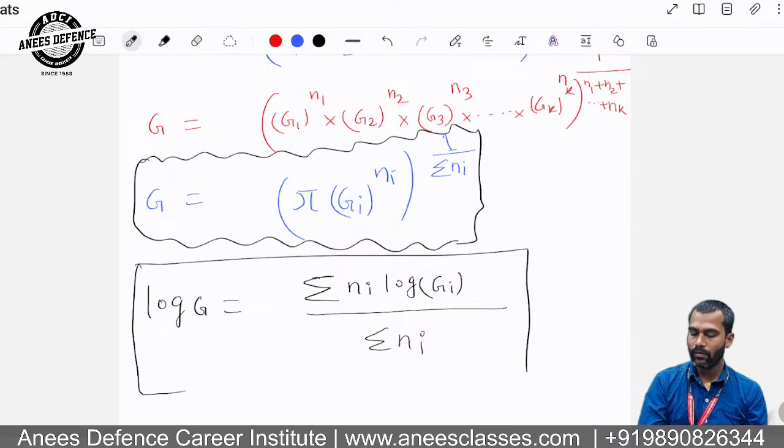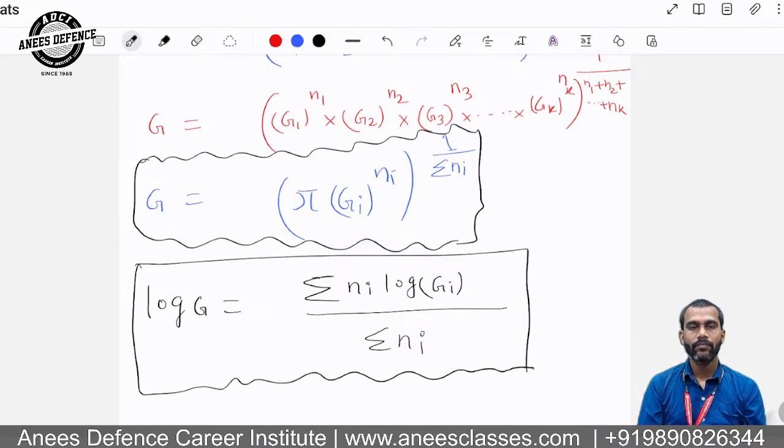This is one more result. G is the combined mean, Ni are the number of observations, and Gi are the respective GMs of all the groups. So these are the two general results we can say.